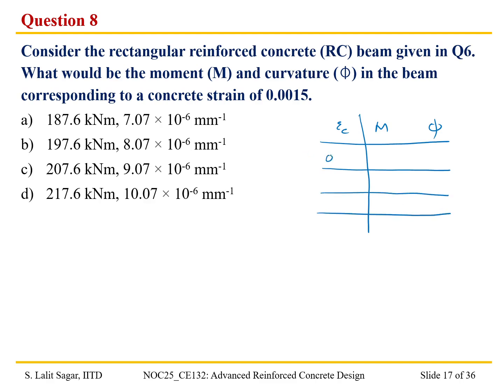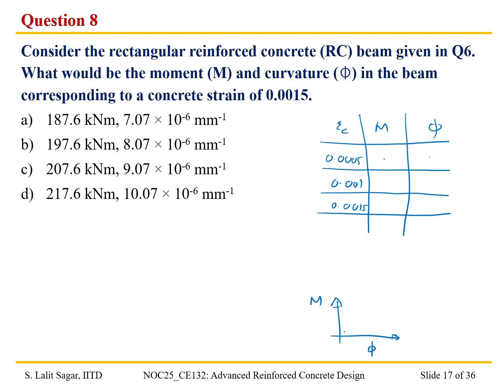So corresponding to 0.0005, then 0.001, 0.0015, we need to determine the value of M and phi. Okay, then what we will do is we are going to plot this moment curvature curve, moment on the y-axis and curvature on the x-axis.